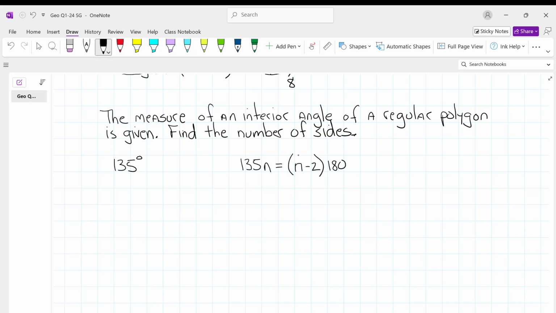So now you do the distributive property on the right-hand side of this equation. So 135n is equal to, we got n times 180, which is 180n, and then negative 2 times 180, which is negative 360. We're just going to solve for n now. So subtract 180n from each side.